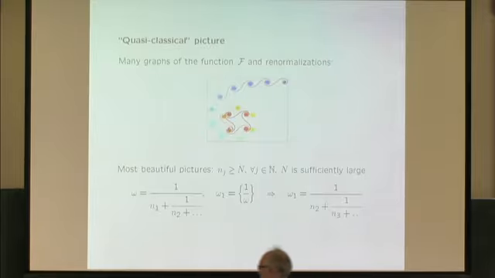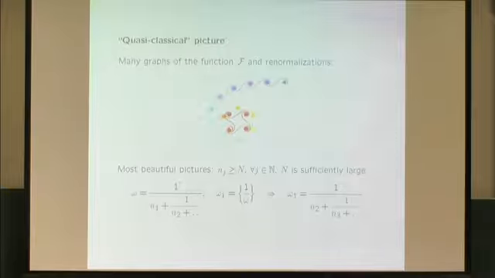To describe the behavior of this exponential sum with a larger number of terms, you have just to apply this renormalization formula once more to the sum which is in the middle.